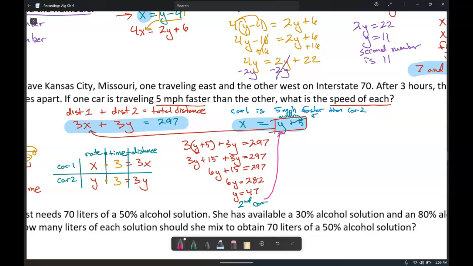I'm going to use the shorter one for y in order to solve for the speed of the first car. Therefore, the first car has a speed of 52. So the speeds are 52 miles per hour and 47 miles per hour.